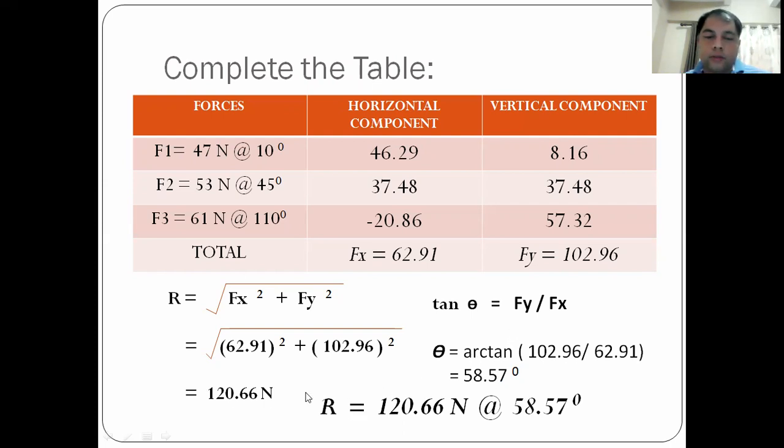If we combine these two values together, we have our resultant force, which equals 120.66 newtons, moving at the direction of 58.57 degrees. So this is our final result. And we call this process the component method. Okay, moving further, we go into our next item.